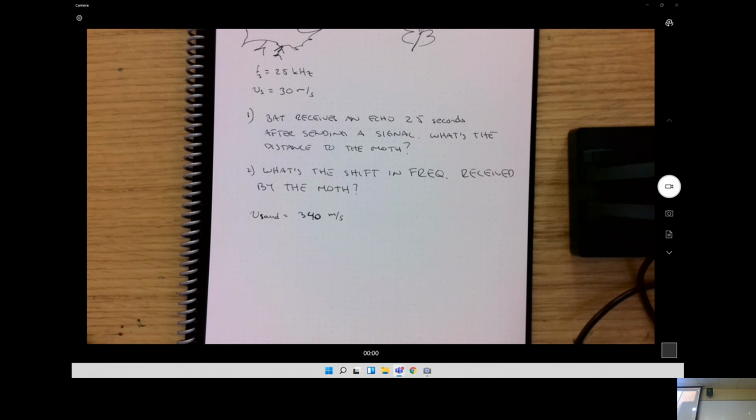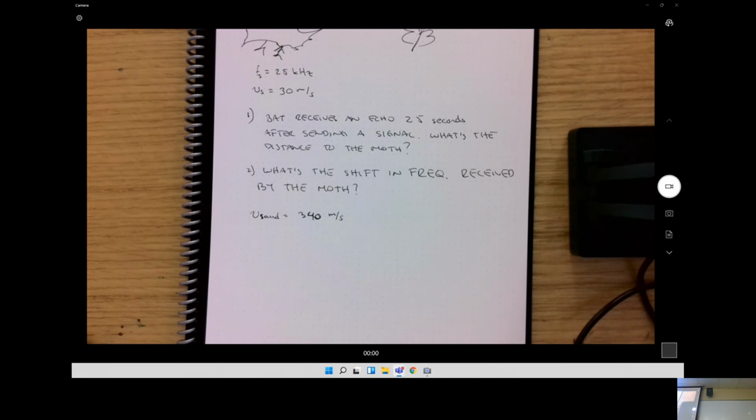I know velocity is distance over time. The speed of sound is going to be the same, so it's not going to change, 340 meters per second. So you have something flying at that velocity, and it takes 2.5 seconds, half of that to reach the moth, and then half of that to get back.